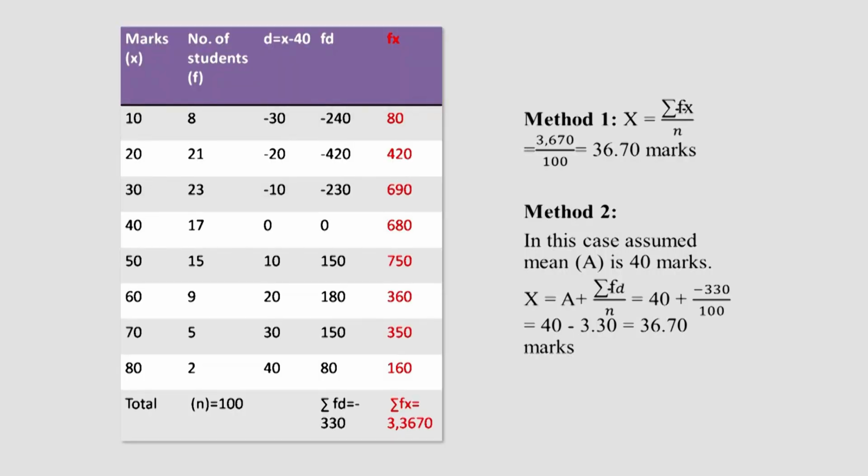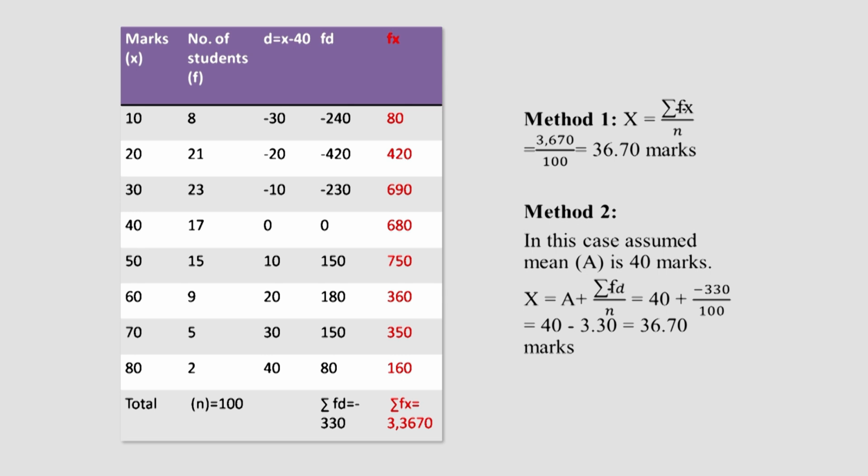So summation FD is 330. But since in the beginning you have assumed a value as mean, you have to factor that in. So the formula is mean equals assumed mean plus summation FD upon n. Assumed mean is 40, and since FD is coming negative, it will be 40 minus 330 upon n, that is the number of observations, which is 100.